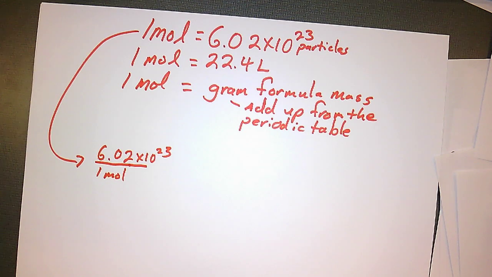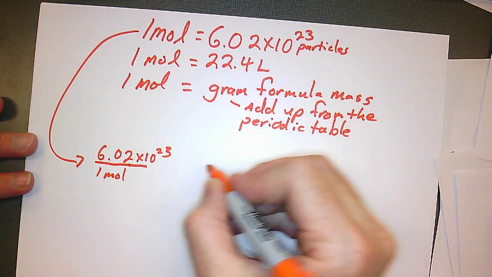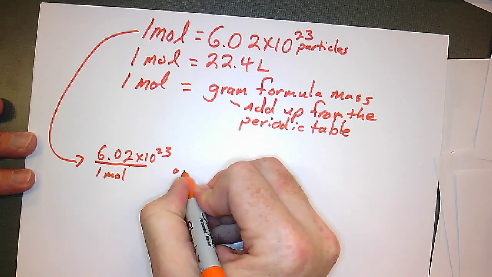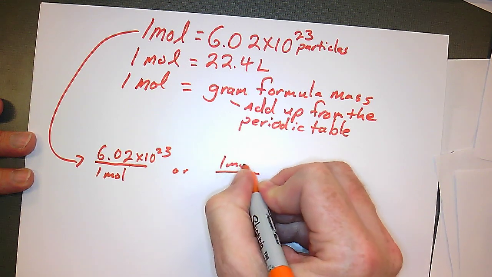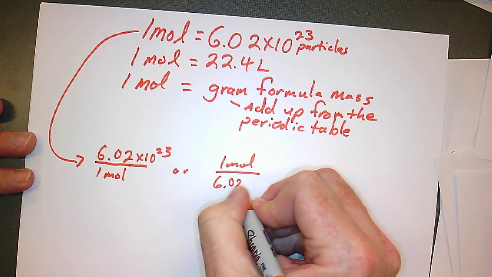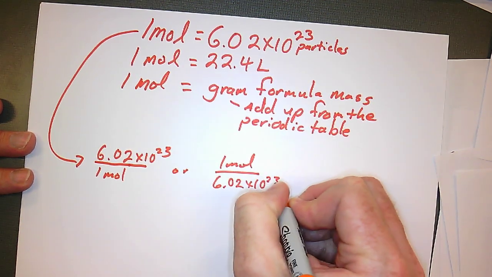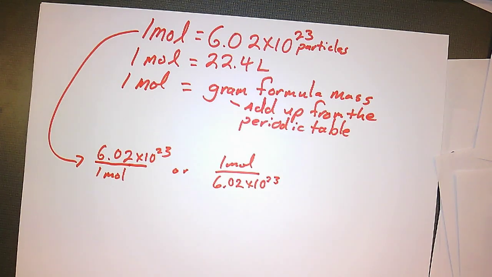That's one way we would use it. If we have molecules or atoms on top, where would it need to go on the next step? On the bottom. So the other way we could use it is we flip it. We put the 1 mole on top, and the 6.02 times 10 to the 23rd goes on the bottom. That is the two ways it can be used.